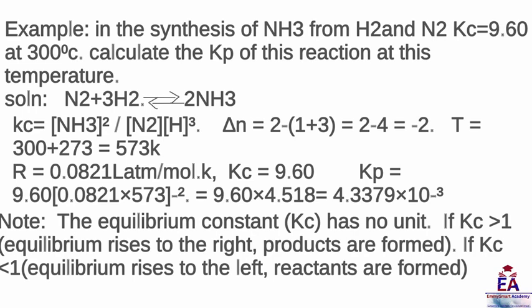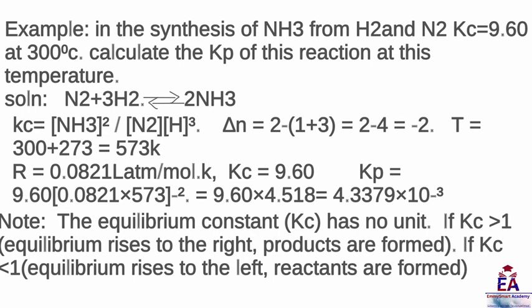We have Kc given to us as 9.60. So we multiply it out, and Kp will be equal to 9.60 times 0.0821 times 573, all raised to power minus 2.